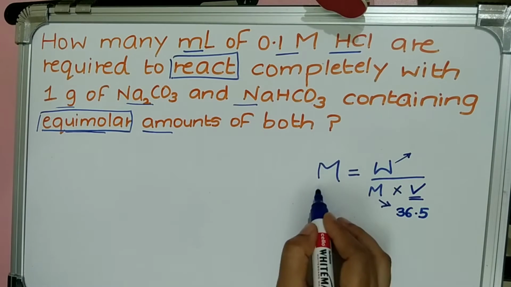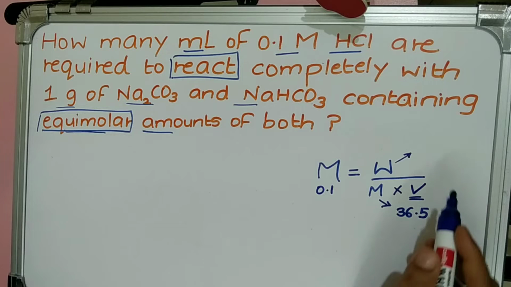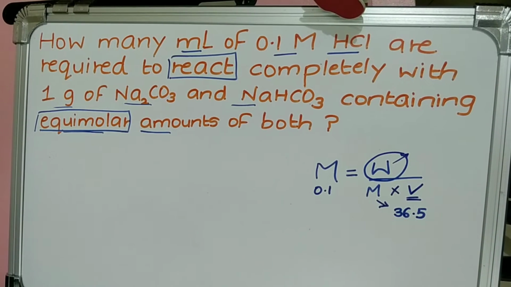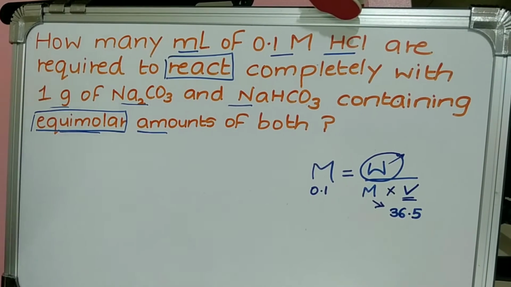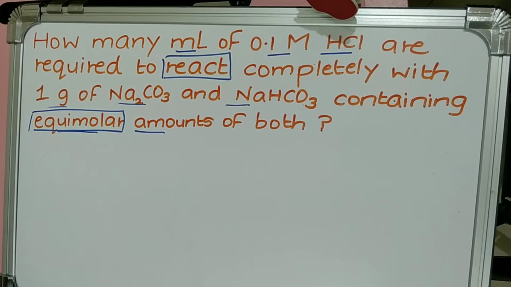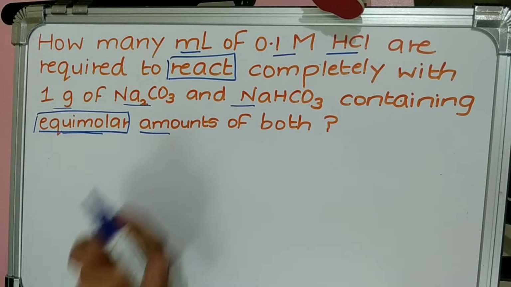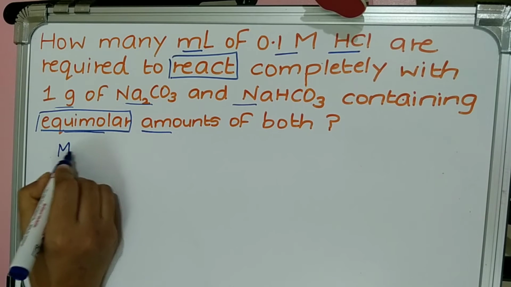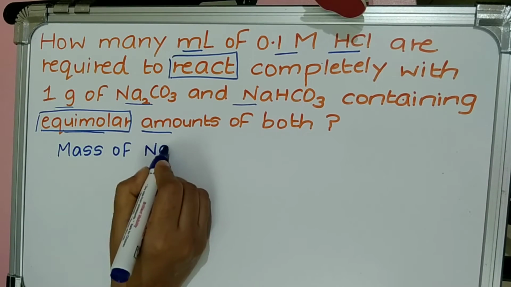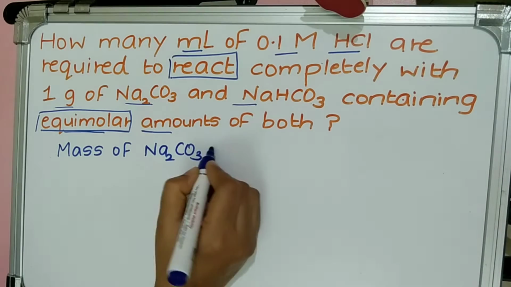Molarity is given to you, 0.1. So we need to calculate first of all the weight of HCl required. Correct. So let's find how you will calculate the weight of HCl. Suppose the mass of Na2CO3, we will assume it, I will take it as X grams.